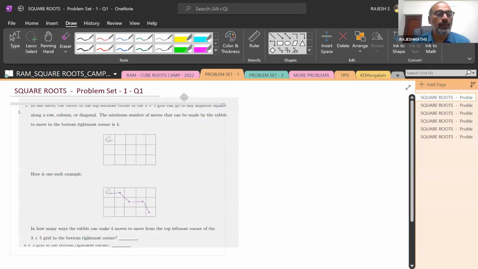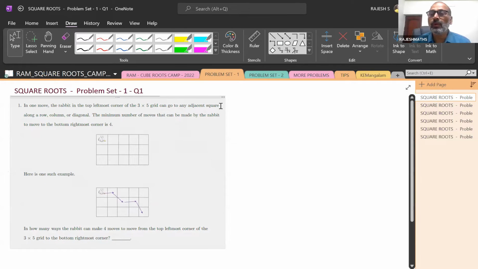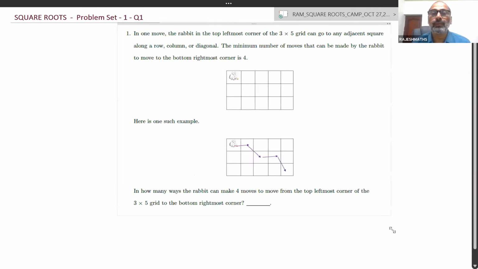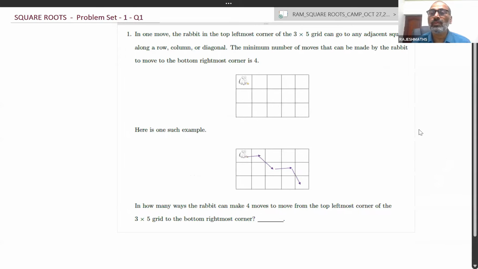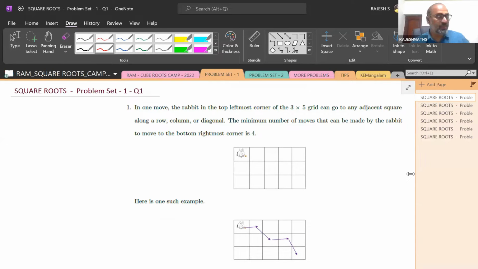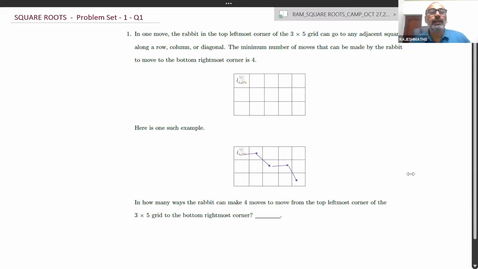I think most of you didn't get this correctly. This is the rabbit problem. Try to make it bigger. See, the problem is like this: the rabbit in the top left corner of the 3x5 grid can go to any adjacent square along a row, column, or diagonal in one move.